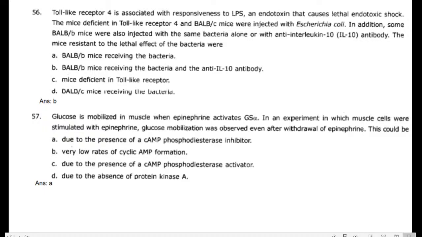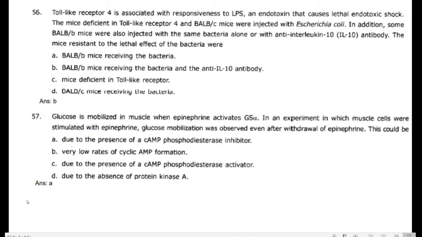to the lethal effect. The next question: glucose is mobilized in muscle when epinephrine activates GS alpha. In an experiment in which muscle cells were stimulated with epinephrine, glucose metabolization was observed even after the withdrawal of epinephrine.